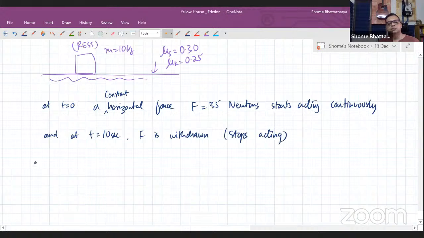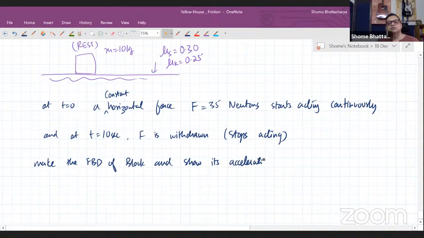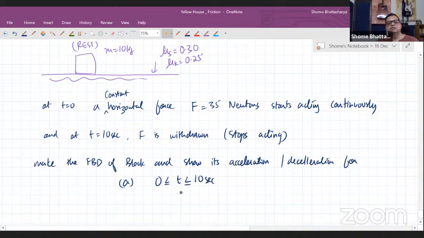Make the FBD of the block, and show its acceleration or deceleration, as will be the case, for any time between 0 and 10 seconds, and then again for any time after 10 seconds.